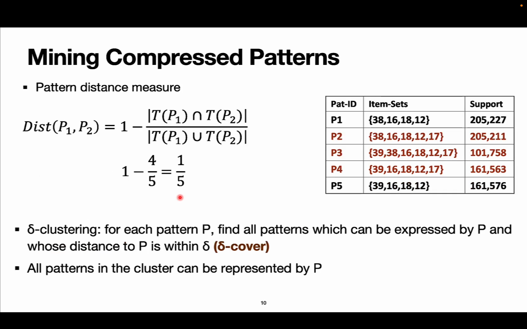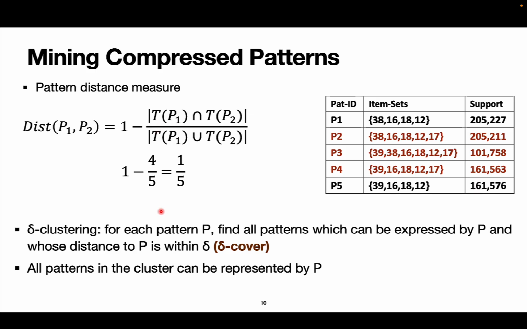The next measure is a distance-based measure. Intuitively, we can define a pattern distance measure. For two patterns P1 and P2, let T of P denote the set of transactions containing P, so the distance becomes 1 minus the number of transactions that contain both P1 and P2 over the number of transactions containing either.